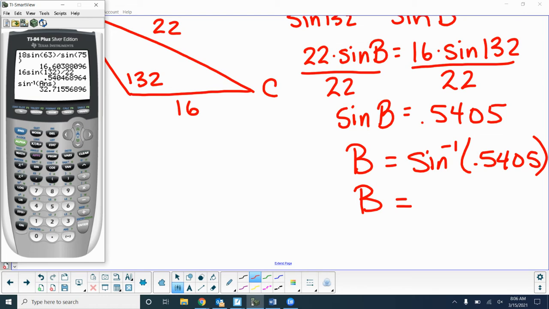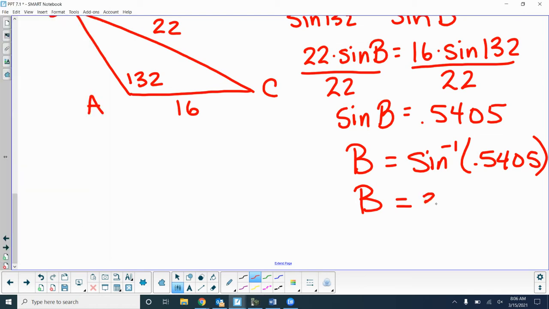We'll always just go to tenths when we do this. So second sine, second answer when you're looking for the angle measure.